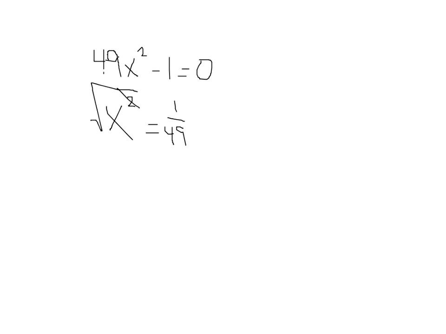Whenever you take the square root of a fraction, it's the same thing as taking the square root of the numerator and the denominator. So we're left with x equals square root of 1, which is 1, over square root of 49, which is 7. And just remember that this can be positive or negative 1/7.